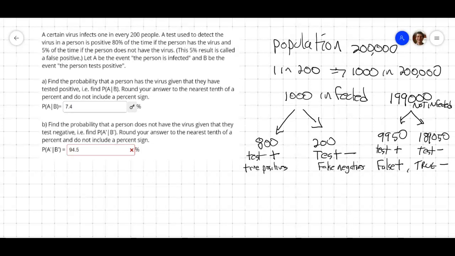Okay, so these are the numbers we get to work with. Find the probability that a person has the virus given that they have tested positive. Okay, so tested positive.